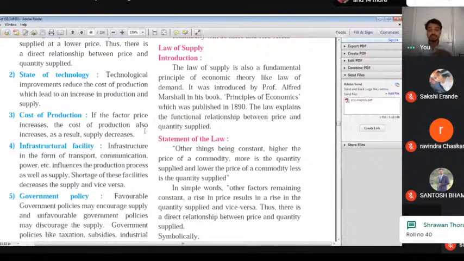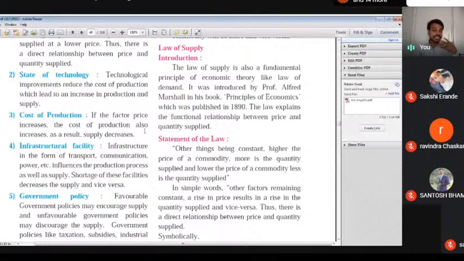So remember, what is meant by factor? Factor means element. When we are producing anything, we must require some factors, like labor, house, rent, production. These are our factors. If factor price increases, worker is also our factor.